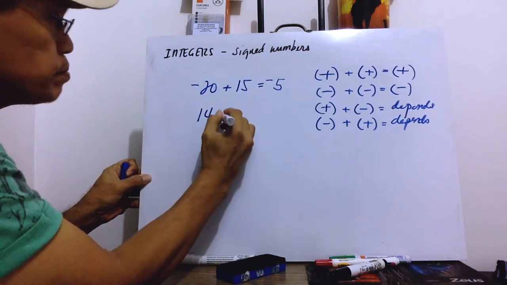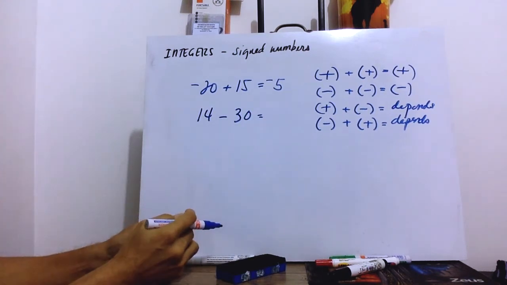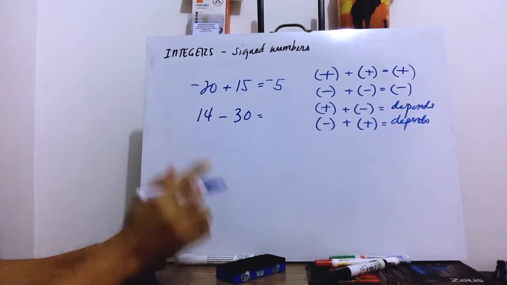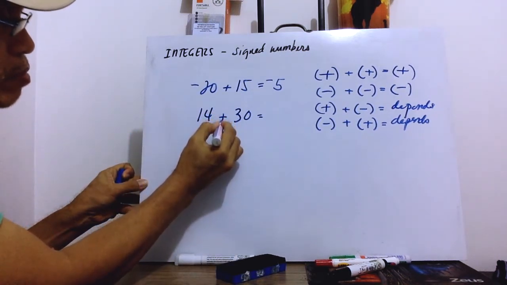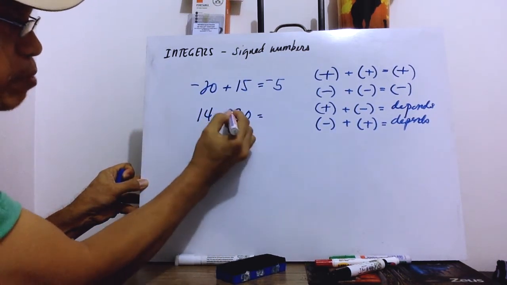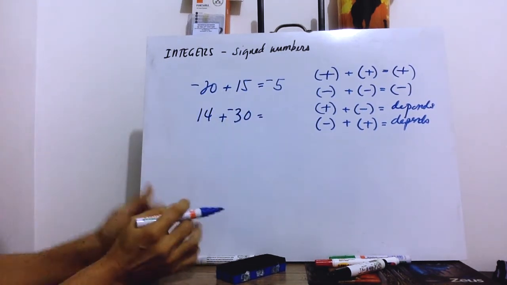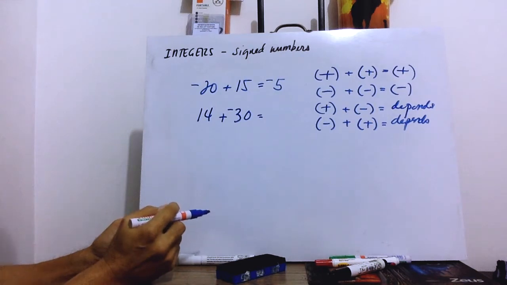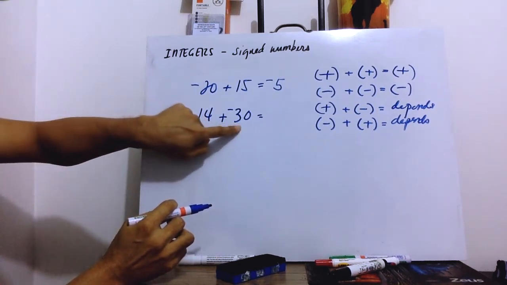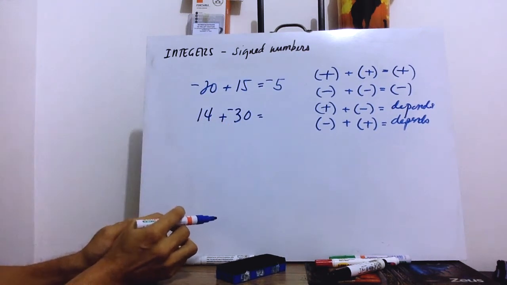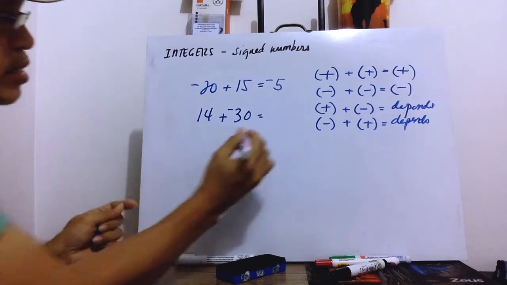14 minus 30. Traditionally, we make this plus, but we change the sign of the next number. I think that's the best method we're going to use. Between 14 and 30, since they have different signs, we get the difference of 14 and 30, and that is 16.